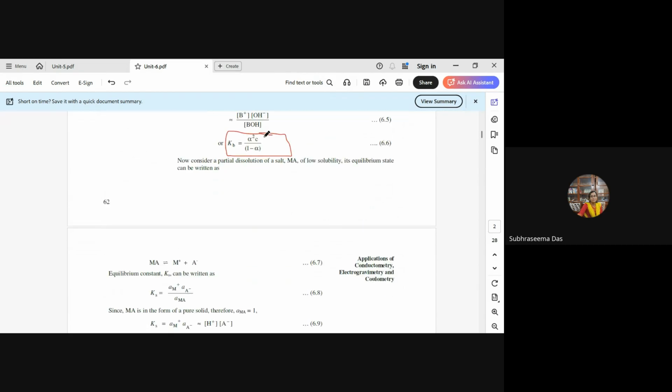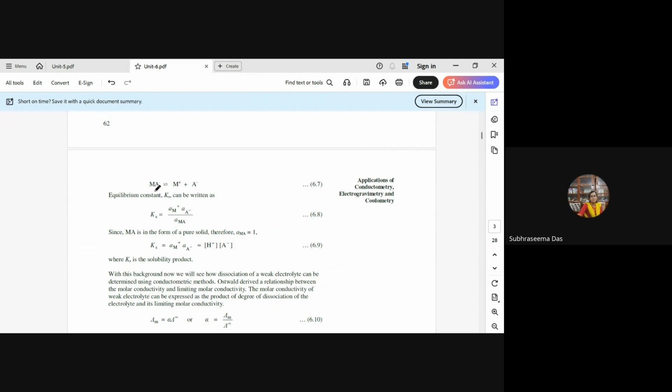Now let us consider a salt MA with very low solubility. It will dissociate to form M plus and A minus. The equilibrium constant Ks can be written as the activity of M plus into the activity of A minus divided by the activity of the salt MA.